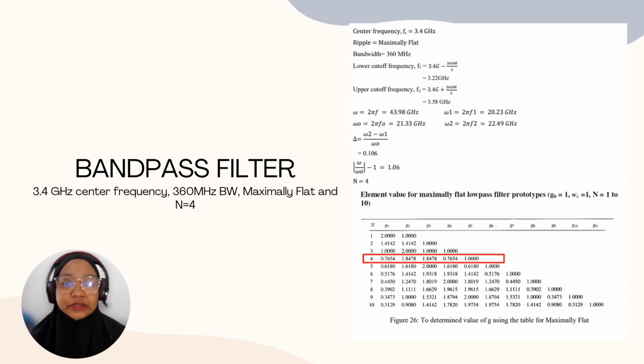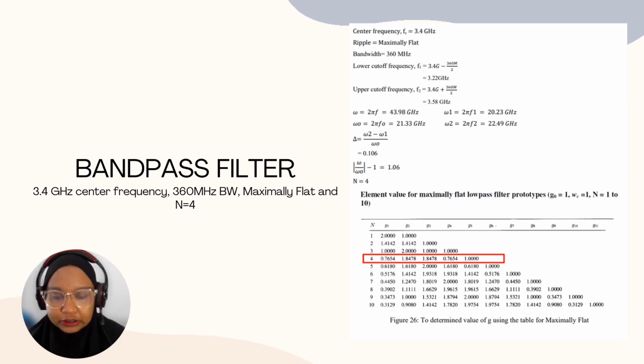I will present about the bandpass filter using a 3.4 GHz center frequency, 360 MHz bandwidth, maximally flat, and n equal to 4. So this is a list for the bandpass: center frequency, ripple maximally flat, bandwidth 360 MHz, lower cut frequency 3.22 GHz, upper cut frequency 3.58 GHz, and omega 0, omega 1, omega 2 that we calculate.